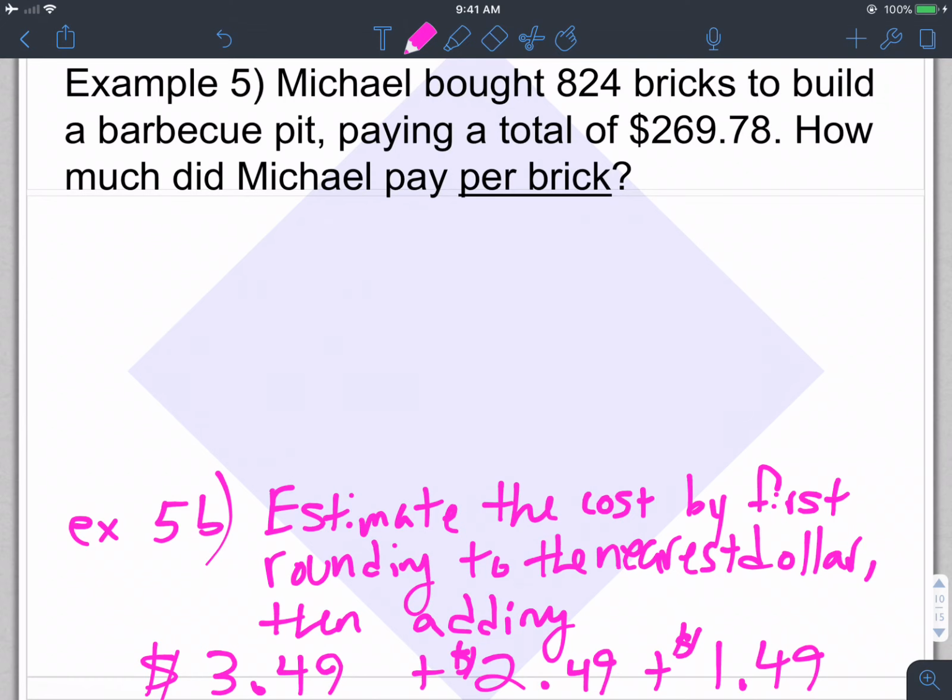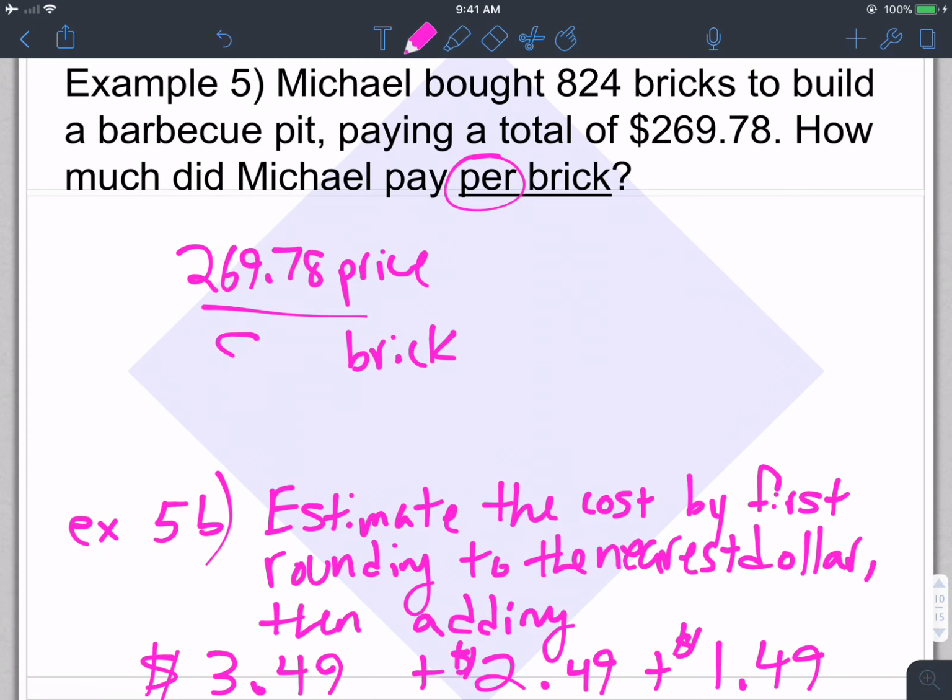If you set it up like a fraction, you want price over brick, so I know which goes on top. 269.78 over 824 bricks. Ooh, 42.